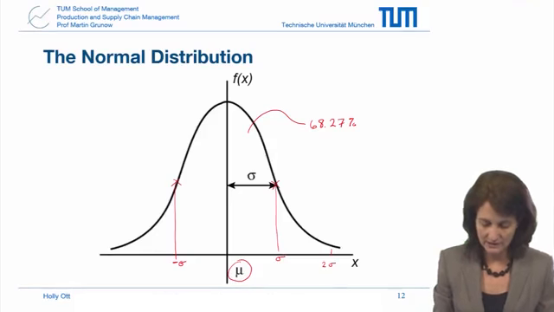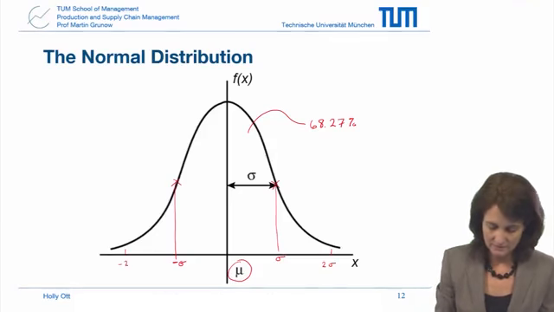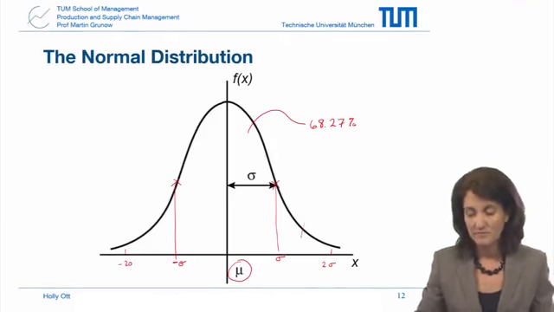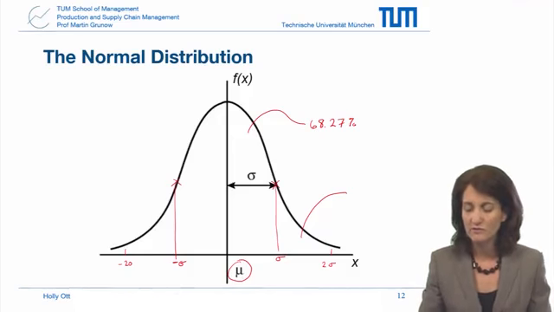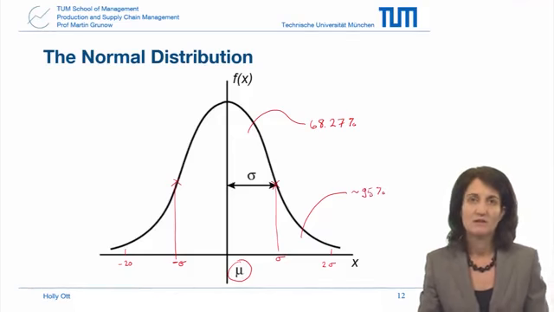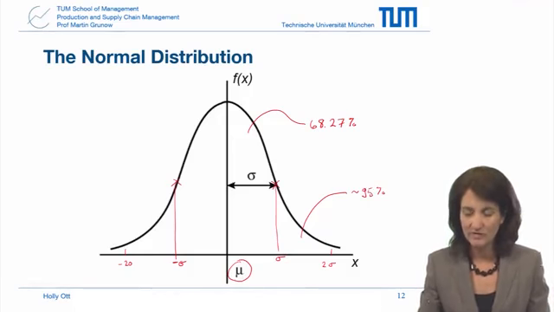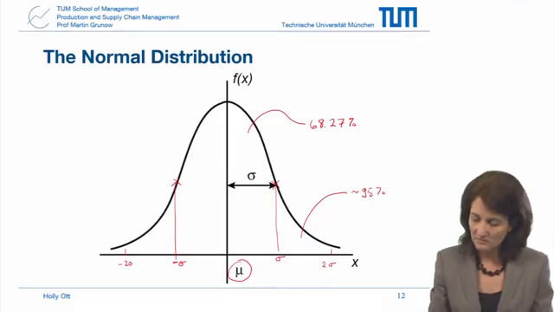We also said that if we look further out at plus or minus 2 standard deviations from the mean, that about 95% of all our tabletop lengths will fall within 2 standard deviations of the mean.